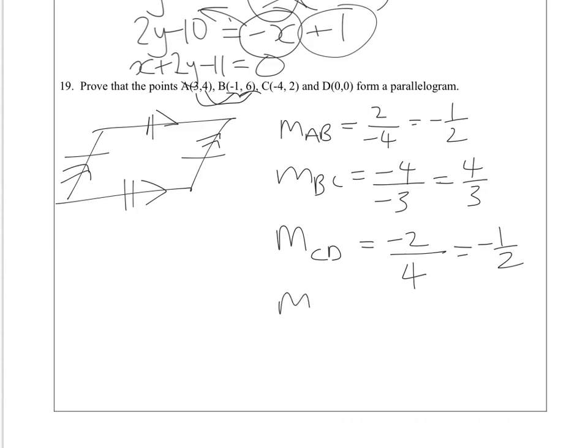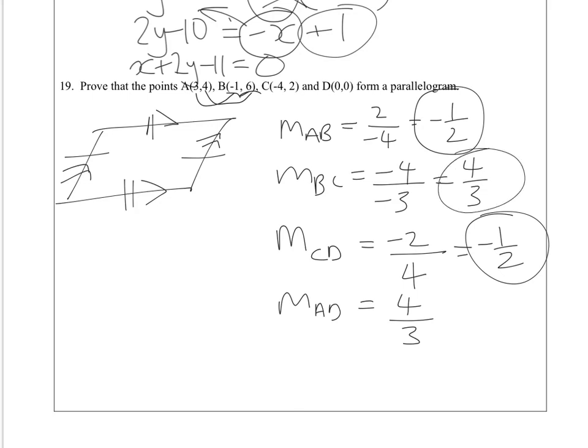And the gradient of AD from 0 to 4 is 4. From 0 to 3 is 3. Now you'll see that this gradient is the same as this, which is parallel, and this gradient is the same as this, which is parallel.